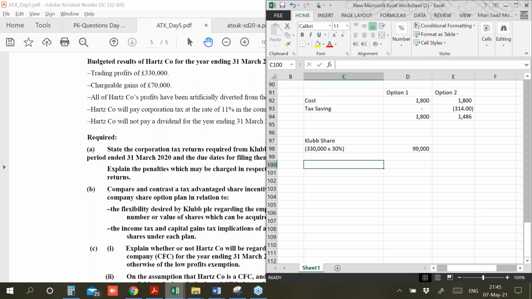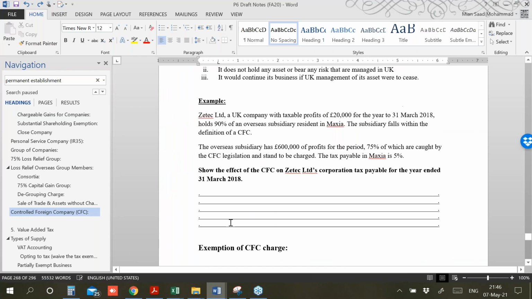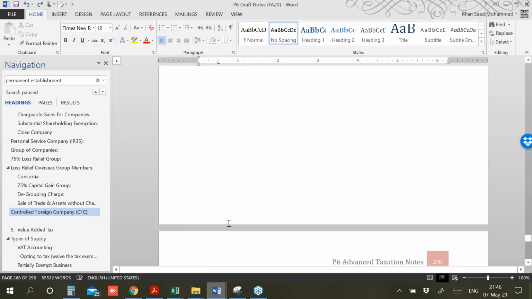What is the normal CFC charge? You should consider that corporation tax will be applicable on these profits. However, DTR will still be available. In my notes, you can see how to calculate a CFC charge, and at the end I have provided a formula.